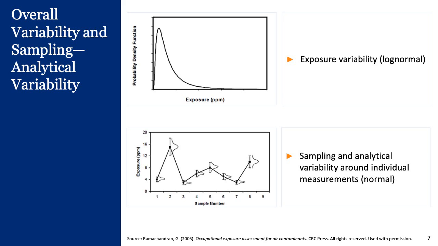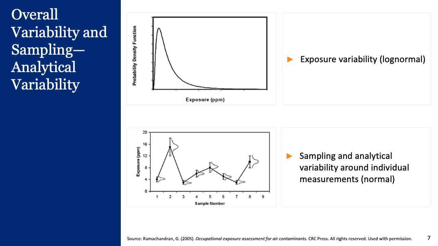And here I'm showing 8 measurements, and you can see that the exposure values range from slightly less than 4 all the way up to close to 16. And you can see that these numbers jump around. And so there is significant variability from one measurement to the next. And this reflects the variability in the workers' exposures.